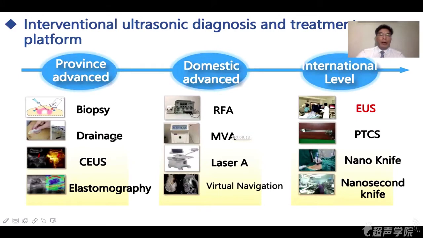We do all kinds of routine interventional ultrasound diagnosis and treatment with advanced procedures such as EUS, PTCS, nanosecond knife. Today we focus on EUS.